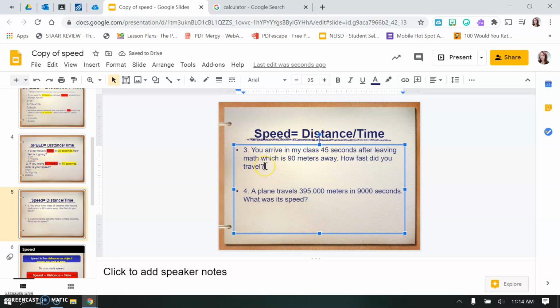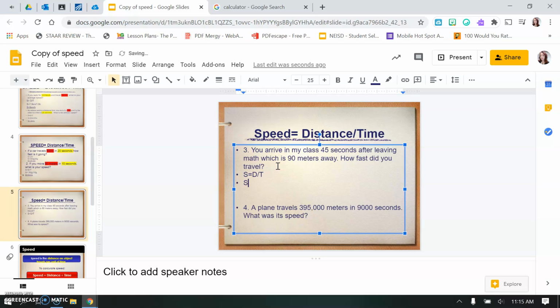So number 3 says, you arrive in my class 45 seconds after leaving math, which is 90 meters away. How fast did you travel? So let's remember what the formula is. S equals D divided by T. So speed equals distance divided by time.